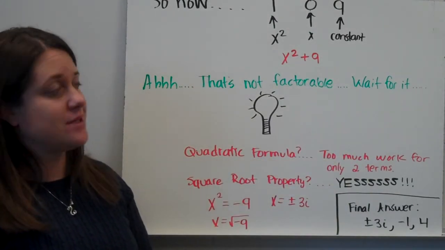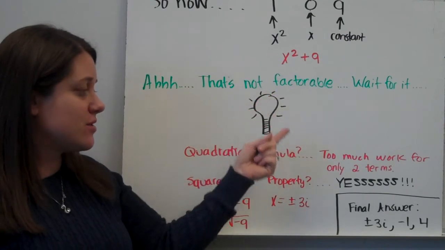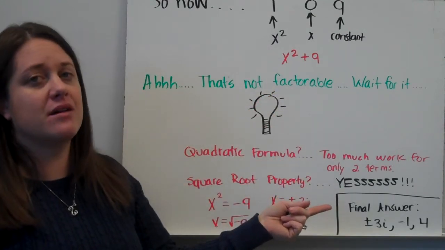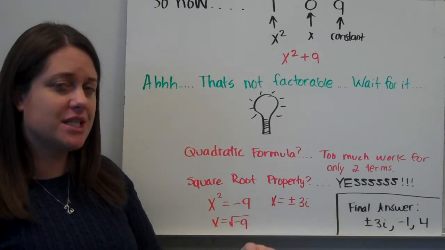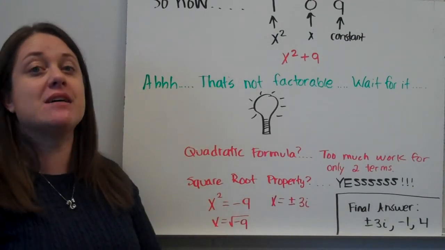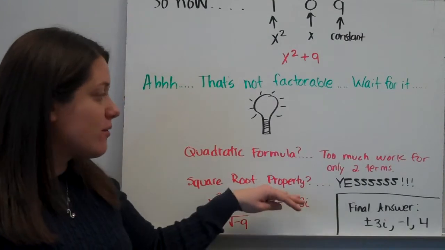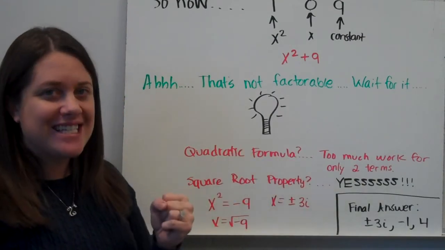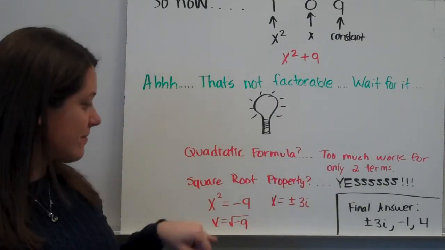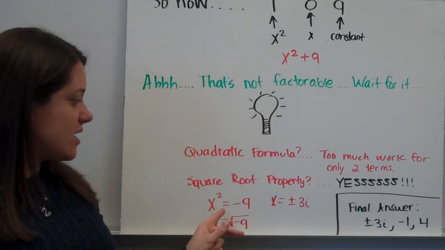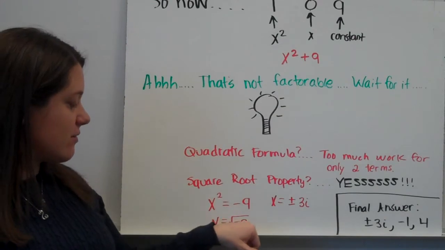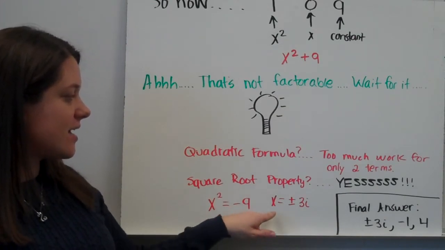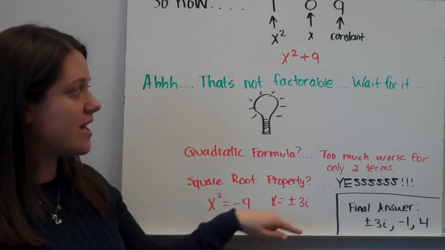You could do that, but there's no b term, so that seems like a lot of work. I've got to do negative b plus or minus square root. That's so many things to write down. Why would I want to do all that? Square root property? Yes. So much easier. Alright, so x squared equals negative 9. I just subtracted the 9. Take the square root of both sides, and I get x equals plus or minus 3i.